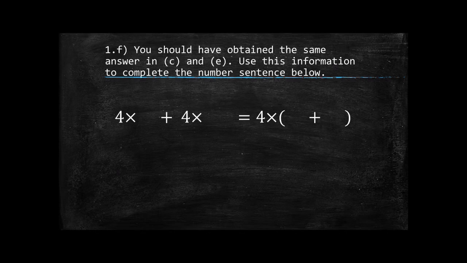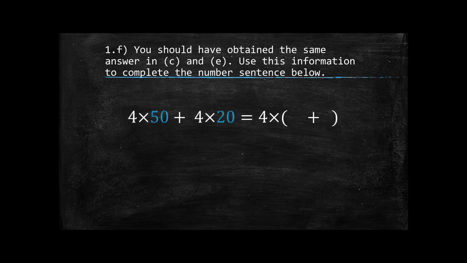And in 1F it says you should have obtained the same answer in C and E. We did that, each time we got R280. So use this information to complete the number sentence below. On the left, we've got something that looks like the calculation that we were going to do when we worked out the total for the number of movie tickets plus the total number of popcorns.